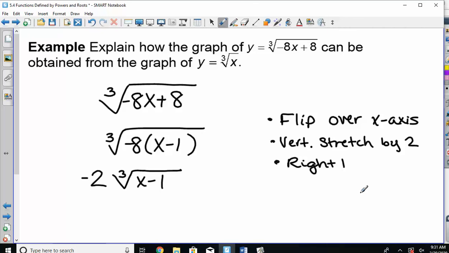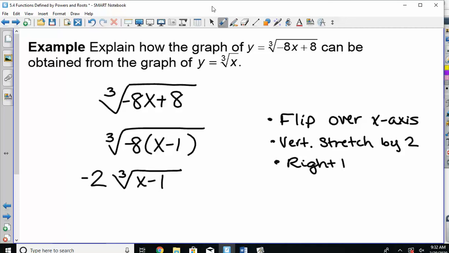So the negative and the 2 are separate. Yes, because the negative causes the flipping. And then you're just looking at the positive 2. Does it stretch or shrink? So what if it was negative 1/3, then it would shrink? So it would still be a flip over the x-axis and then a vertical shrink. This is a stretch because 2 is bigger than 1. The negative is what flips it.